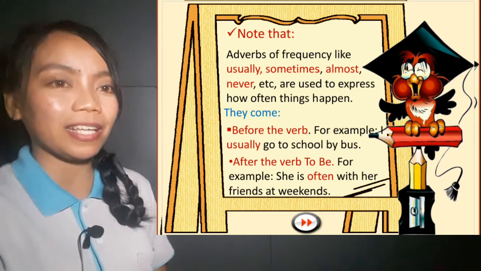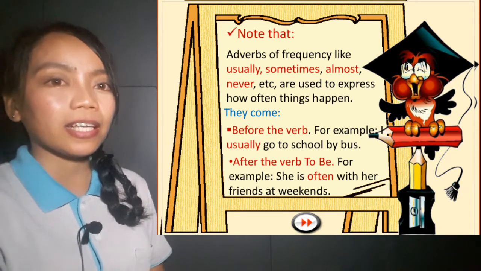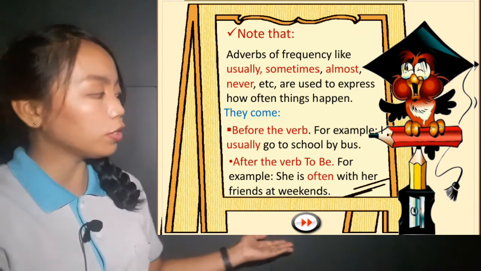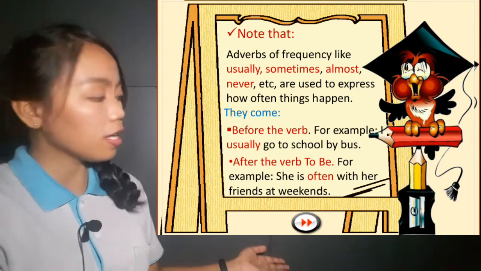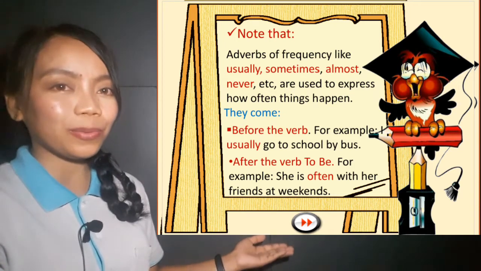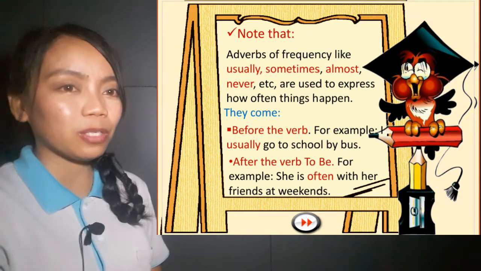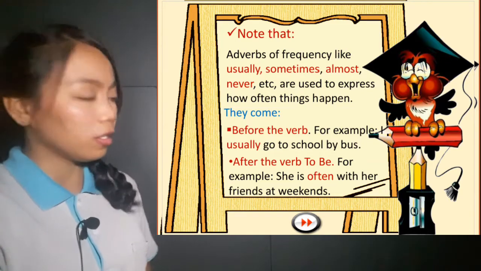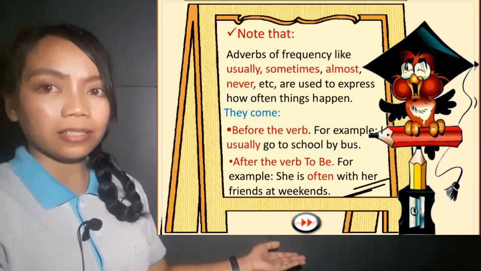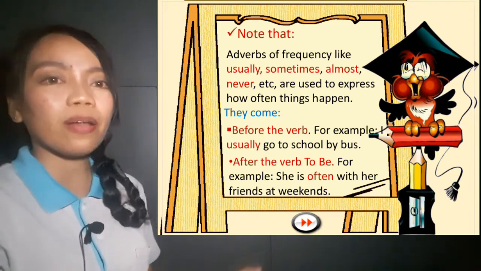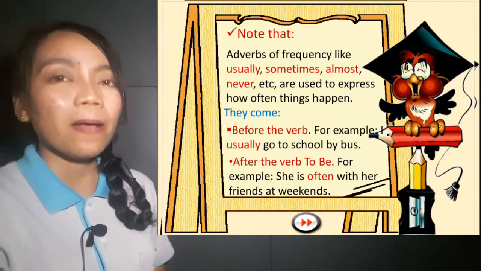Means the verb must be in present simple. Okay, so they come before the verb. For example, I usually go to school by bus. Or they can also come after the verb to be. For example, she is often with her friends at weekends. Okay? But we will talk more about adverbs of frequency in our next lesson.